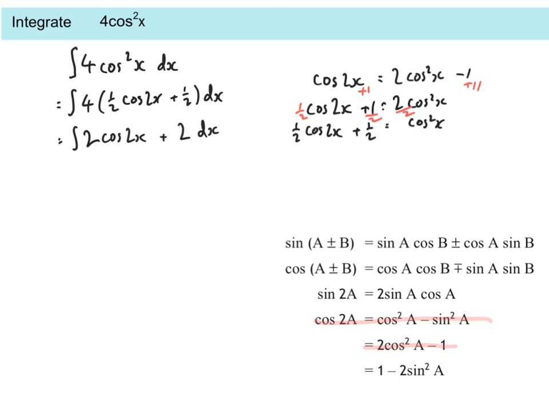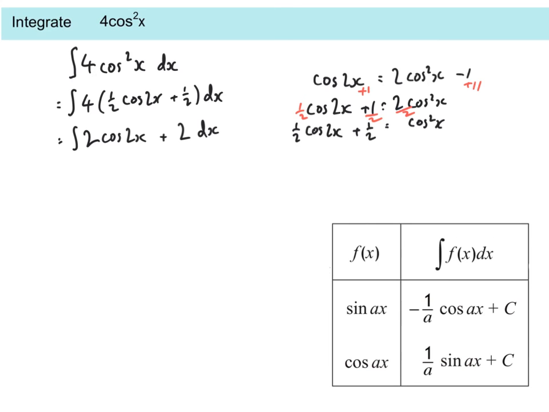This is now a piece of cake. This is what we've been dealing with on the previous page. This is where we can use the other part of our formula list. Dealing with the trig bit first. The 2, the coefficient at the front, that's not going to change. Cosine integrates to positive sine. Sine of 2x. So remember, this rule is showing you ax stays as ax, that coefficient doesn't change.